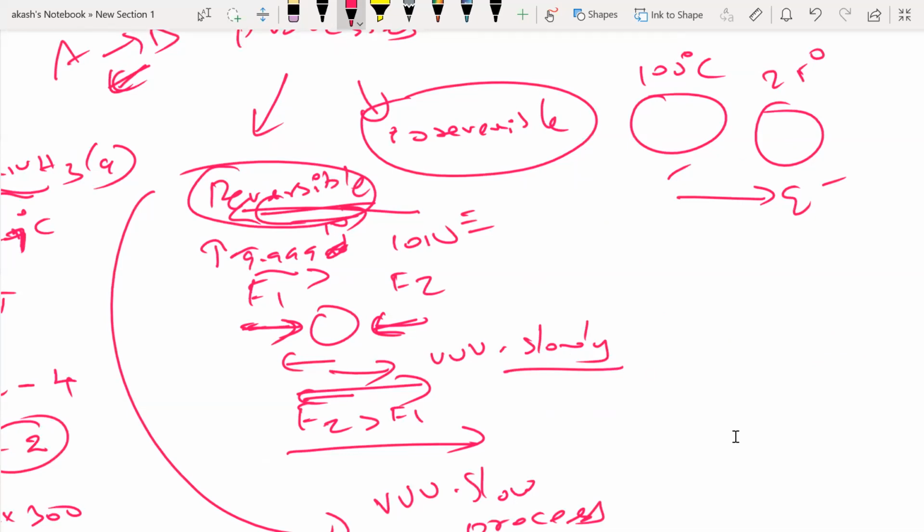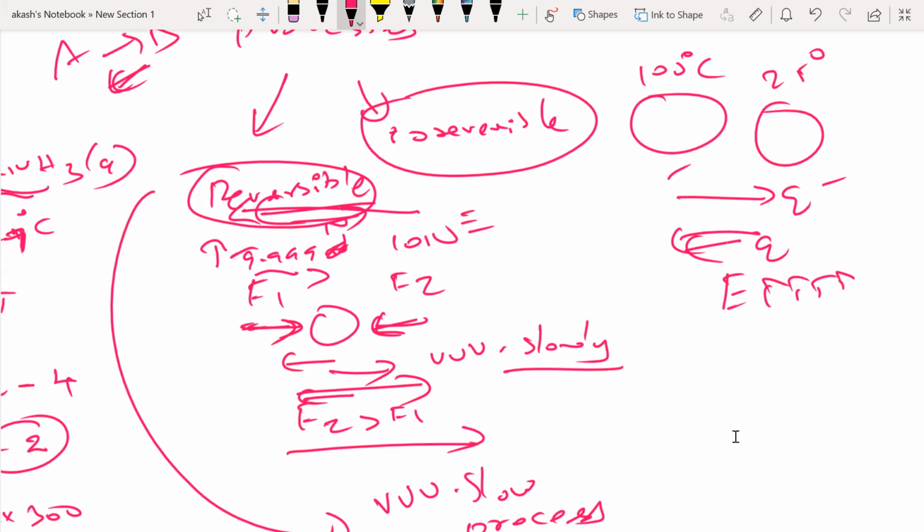But if I want the heat to move back from this body to this body, obviously I have to spend a lot of energy. It is not like it's not possible, but for me to change the direction of heat, you have to maybe supply some pressure, something you have to do. Lot of other things are required to reverse the process. So an irreversible process can be reversed with a high amount of energy spent. That is why we say it is irreversible.